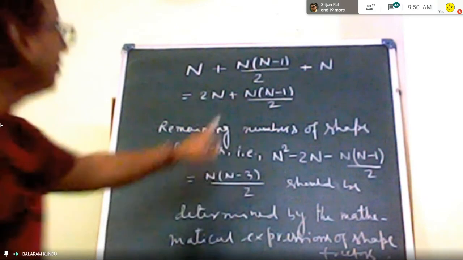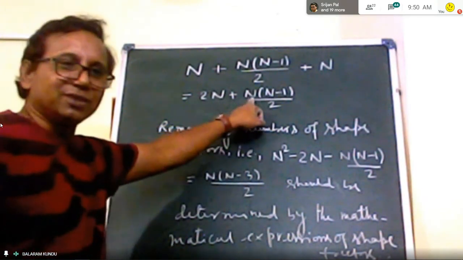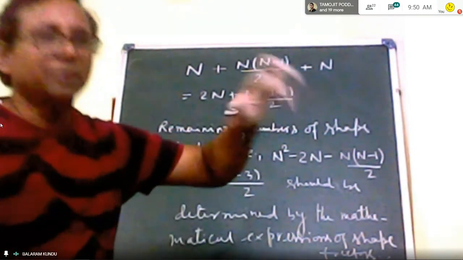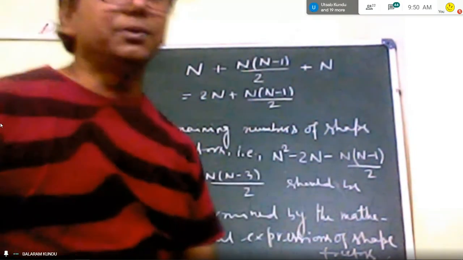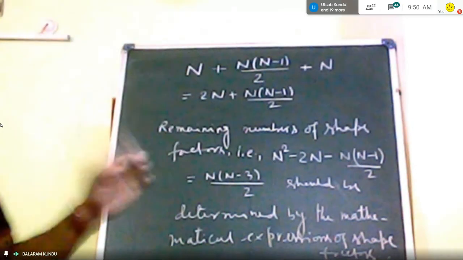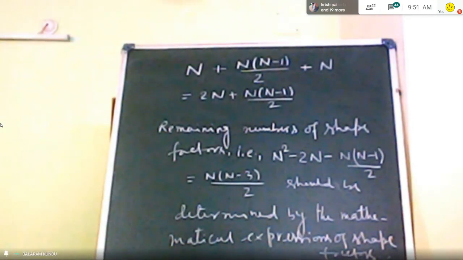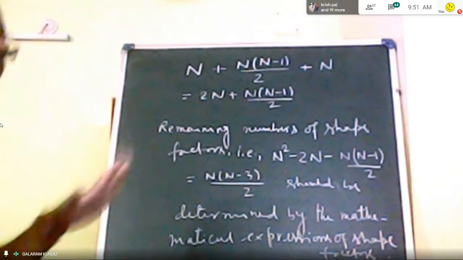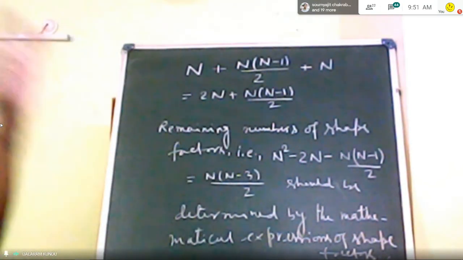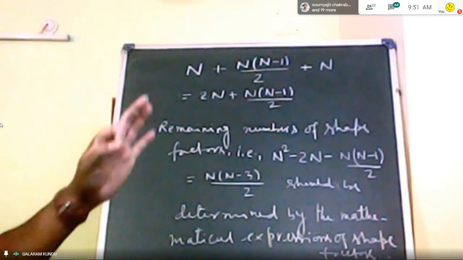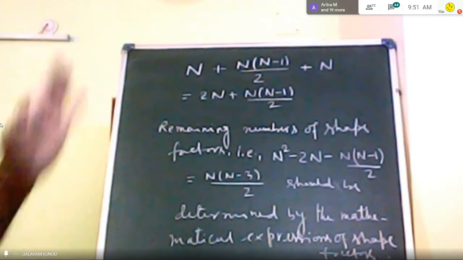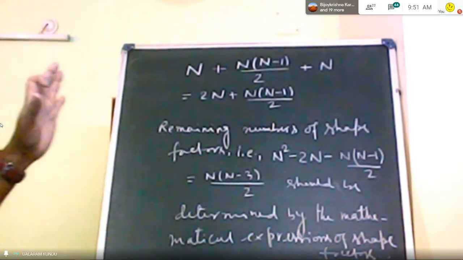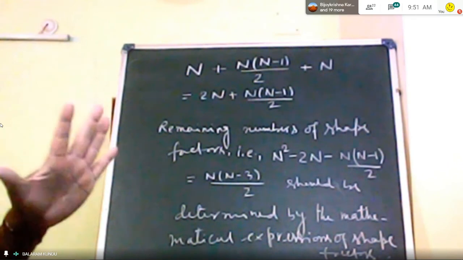Say if n equal to 1, that is not possible. So n equal to 2, that means 1. From the reciprocity relationship, one number of shape factor is possible to determine. Then another case has been taken here. If the surfaces are plane or convex, then for that you know that n number of shape factor will be 0.